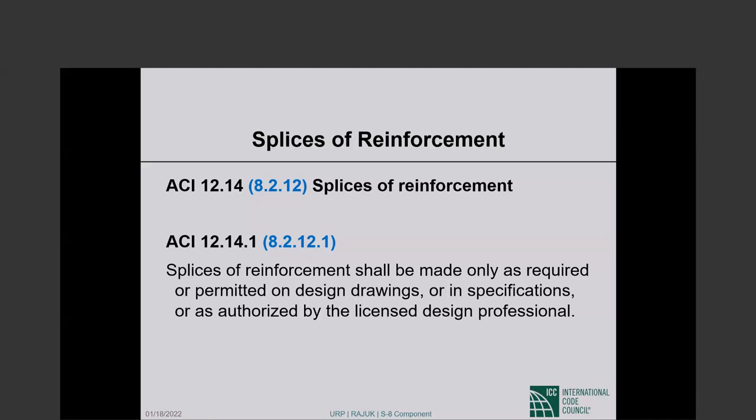Okay. Now, for the first time, we are coming to the big topic of splices of reinforcement. Okay, just so that we know exactly where we are. Splices of reinforcement.